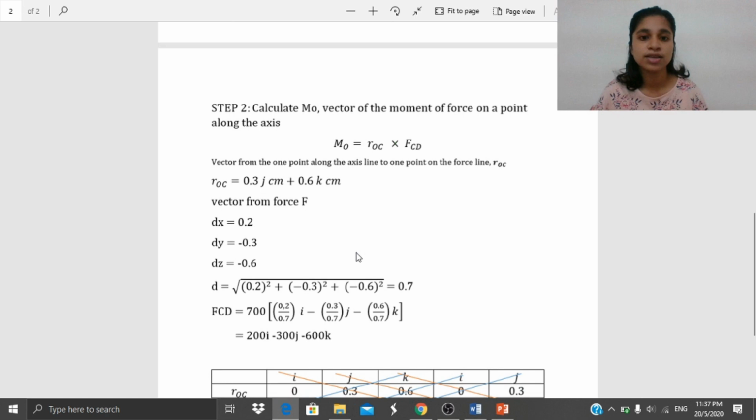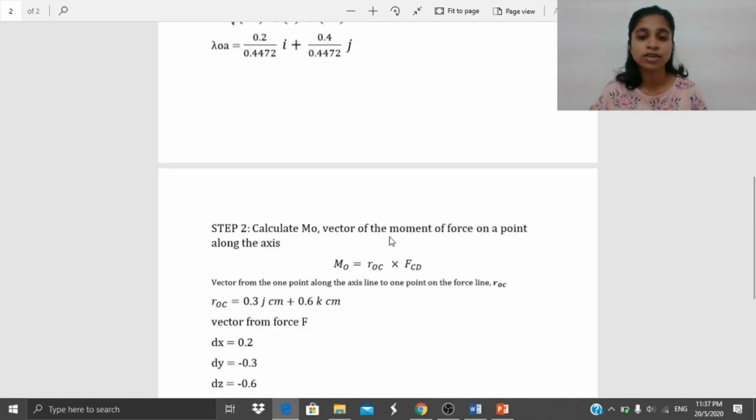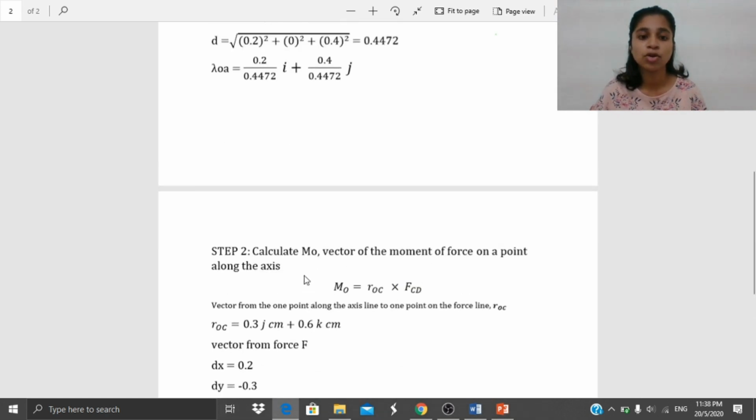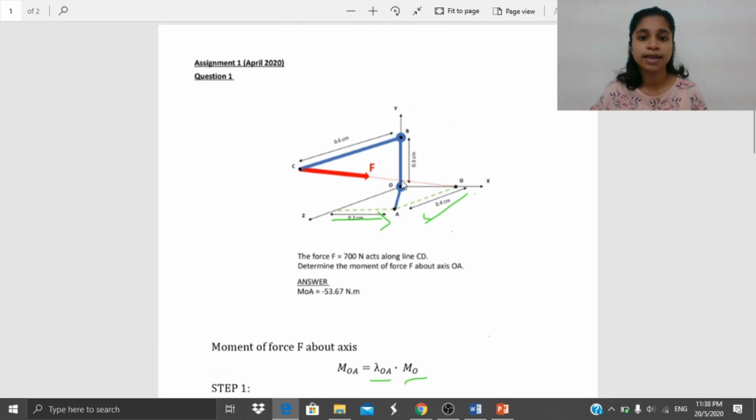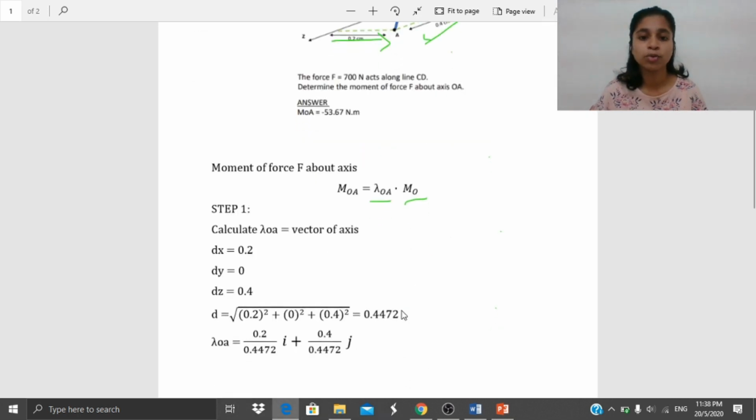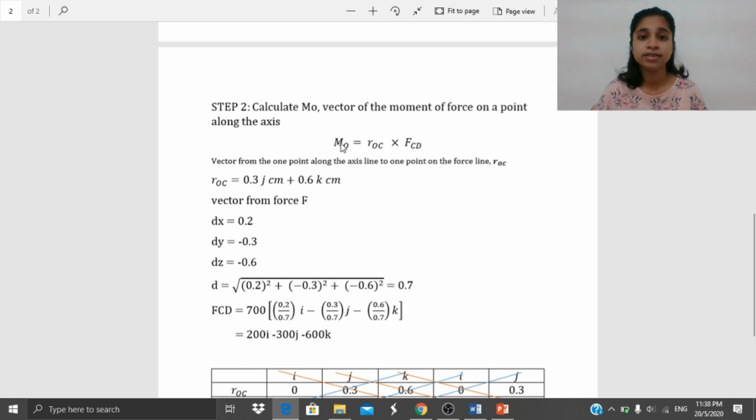So step 2 is we calculate the vector of moment of force on a point along the axis OA. So we can choose either point O or point A. But here I choose the moment of force about point O. First, we write down the formula of moment of force on a point, which is equal to ROC.